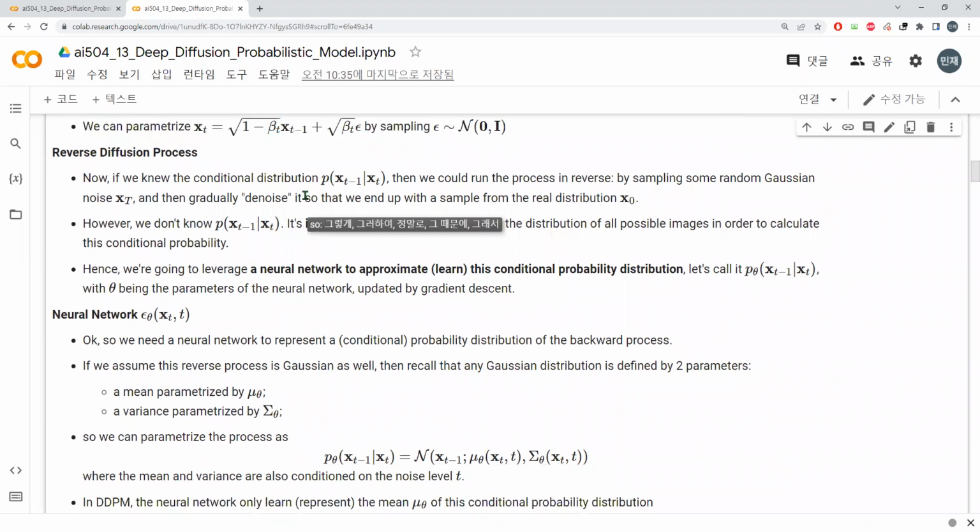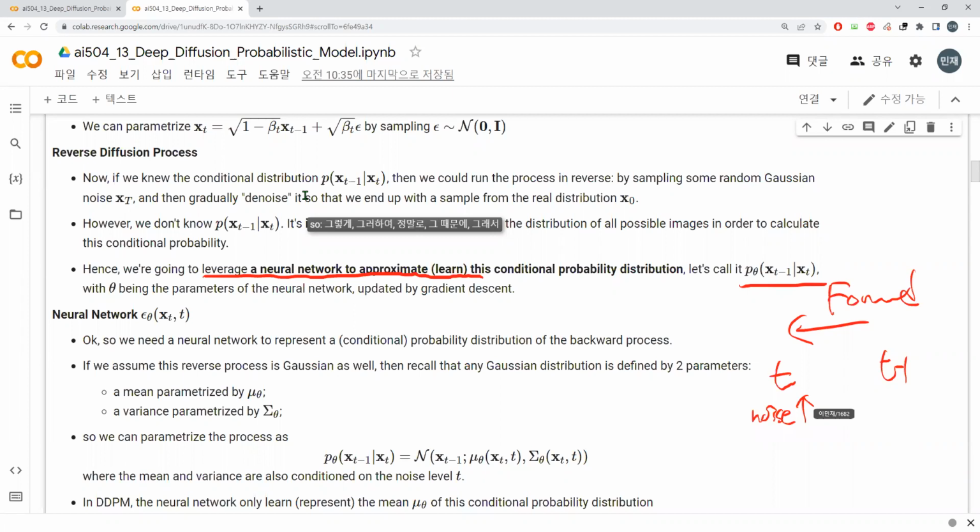And we leverage a neural network to approximate this conditional probability distribution, and let's call it p_theta(x_{t-1} | x_t). From t to t minus 1. If some noisy data has larger t, then it means that it is more noised, right?